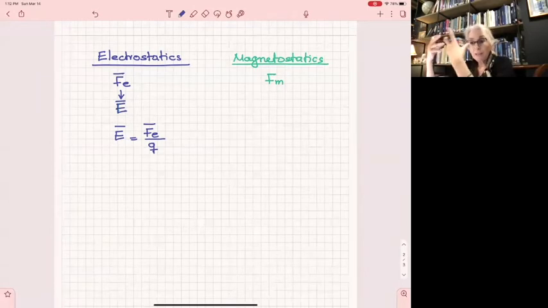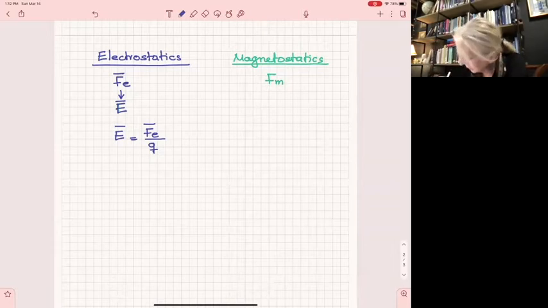We would feel a force if we were carrying a charge. And if our charge was Q, then from the force that we would feel, you can divide that by our charge Q, and that would give you the electric field.